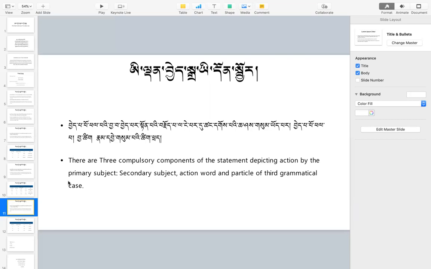And like I said before, compulsory component not in the meaning, but in writing. So all of these should be present in writing in that particular statement.